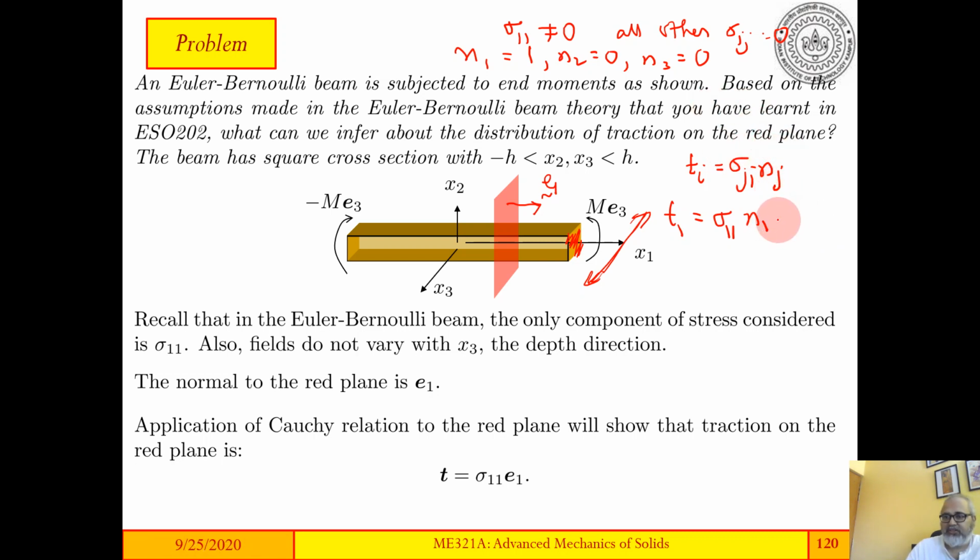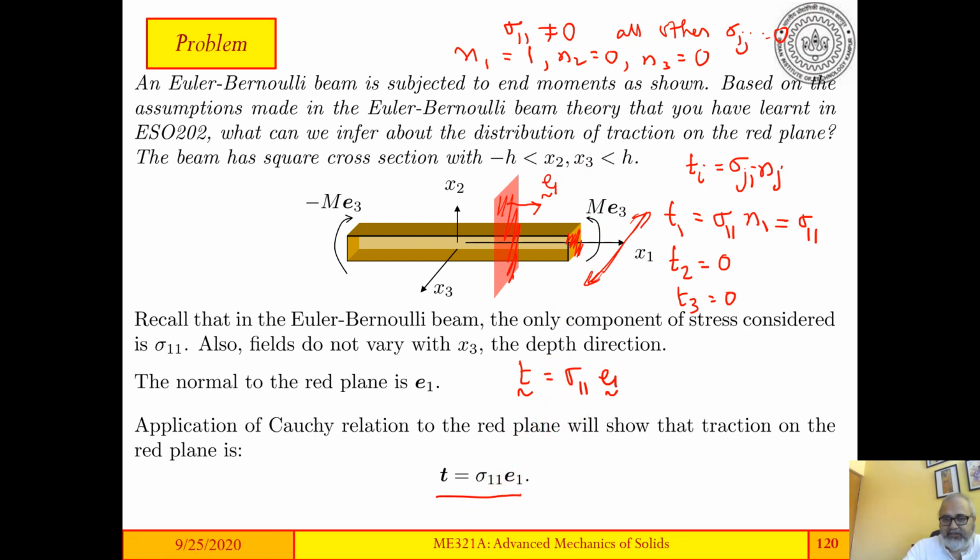So T1 is sigma 11, T2 is equal to 0, and T3 is also equal to 0, which means your traction vector on this plane is sigma 11 E1.